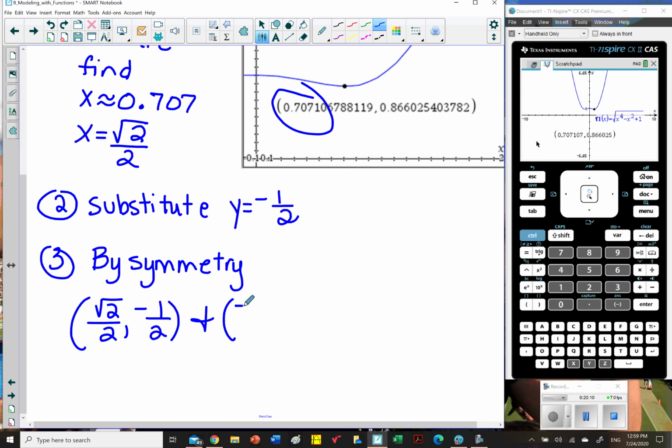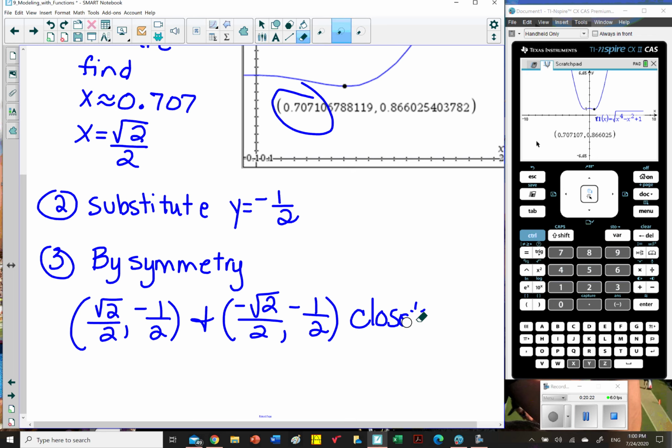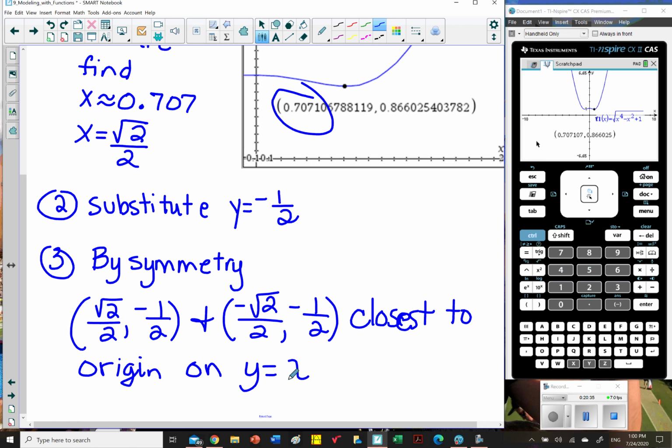And we're also going to have negative radical 2 over 2, negative 1/2, closest to the origin on our parabola, x squared minus 1.